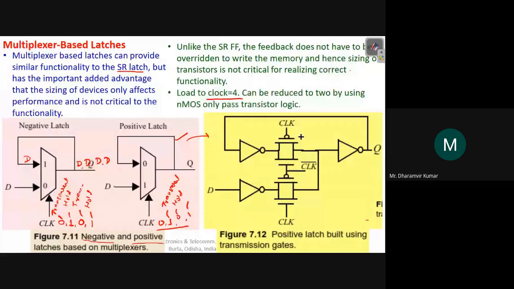So how many transistors are connected to a particular single clock signal? That defines the load for that particular clock signal. In this case, the clock signal is connected to 1, 2, 3 and 4 devices, so it becomes 4 here. But we do not want to give more load to a particular signal because that affects the performance.